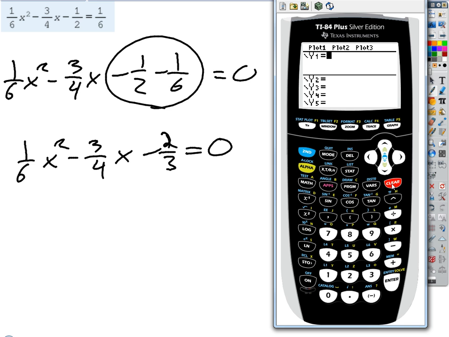So I put in parentheses, got to put the fractions in parentheses, 1/6 x squared minus parentheses 3/4 x minus 2/3, and that's not being multiplied by anything, so I don't even have to put that in parentheses. You can if you want. And then we'll just start off going zoom 6.